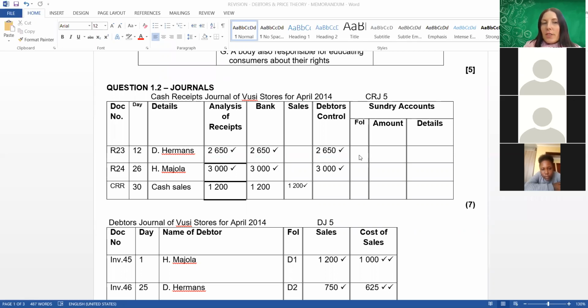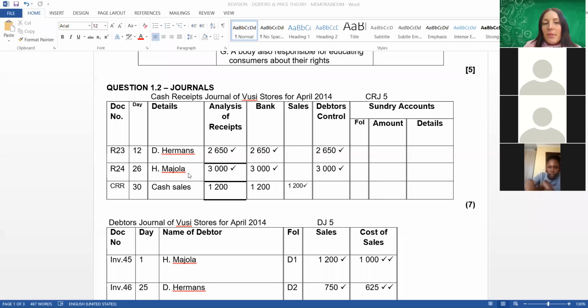The next transaction that should be in your CRJ is on the 26th. That transaction read, issued receipt to H. Majola for payment received from him 3,000 Rand. Now, they didn't give us a receipt number, but in the first transaction, they told us it was receipt 23. So then we know the next one must be 24.